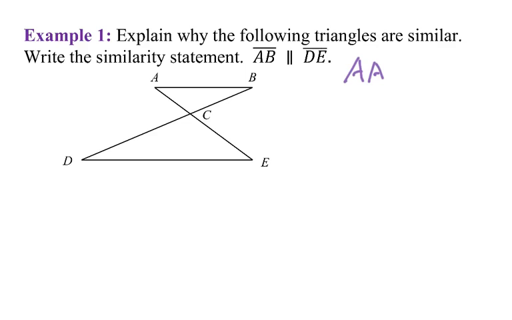First of all, I'm given some extra information here that's important. Line segment AB, which is this one right here, is parallel to, that symbol there, in case you haven't seen it, means parallel to line segment DE. So these are parallel line segments.